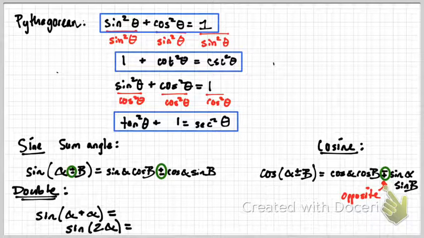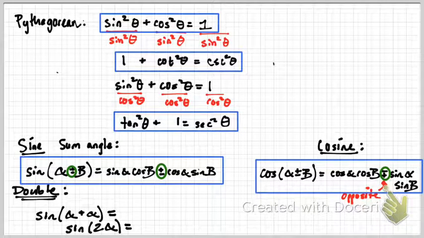So based on what you did here, go ahead and expand this one. Expand it out. And come up with your sine double angle. All right, so the only difference here, guys, is you don't have beta anymore. So alpha will go in place of this beta.